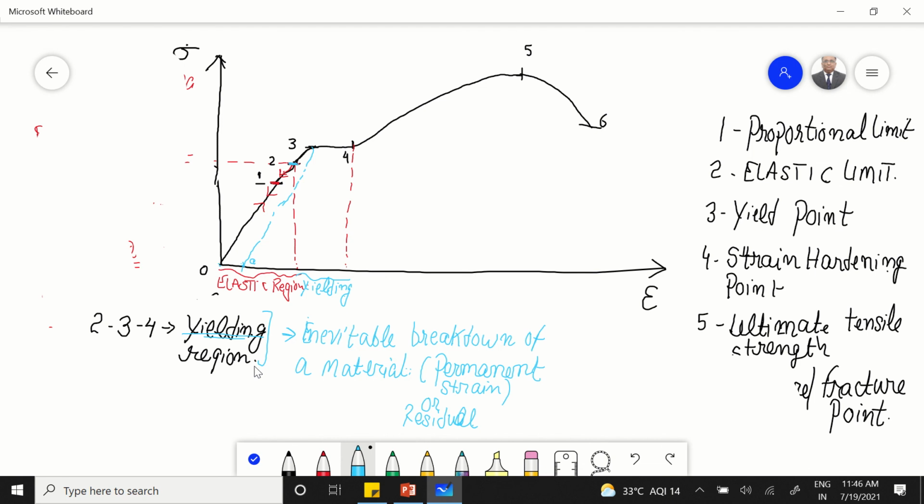So this is what we call yielding of a material. Now, as you reach point number 3, the material tries to adjust its molecular structure due to this permanent deformation.